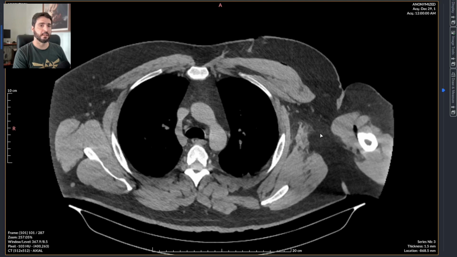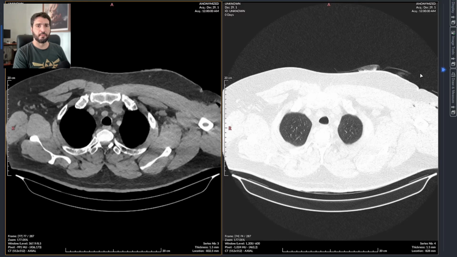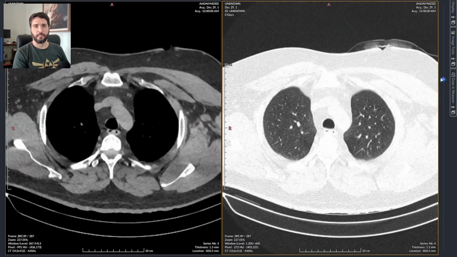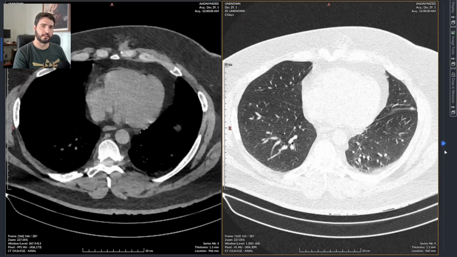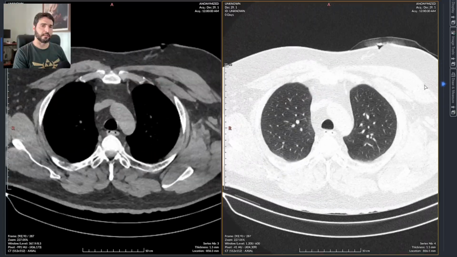So a little blood to soft tissue right here, and that laceration to the other soft tissue. So this is the lung window to see the lungs. There's some atelectasis, some mild ground glass opacities.